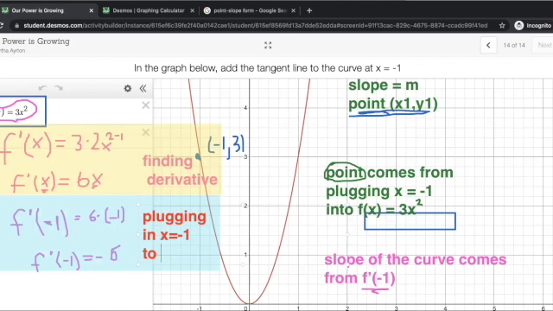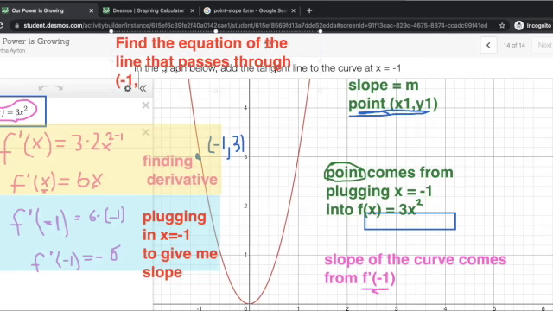So now I'm at the place where I can use my algebraic knowledge. But I had to use calculus to get the slope. So now this question has become, find the equation of the line that passes through the point -1, 3, and has a slope of -6. And this is a question we did do during the first week.